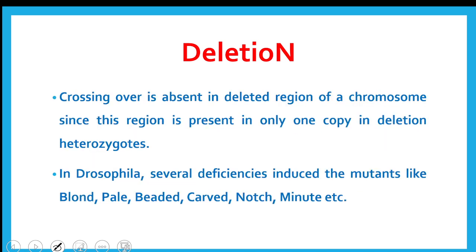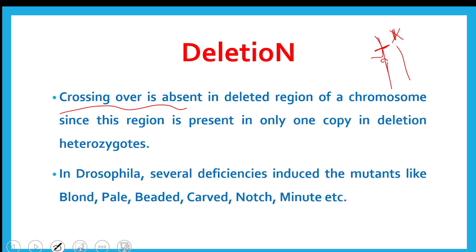And here also in the deleted segment, so this is the deleted one, whenever a break occurs here during pachytene, there must be a crossing over taking place. But as there is no segment here on the counterpart, there cannot be any crossing over.